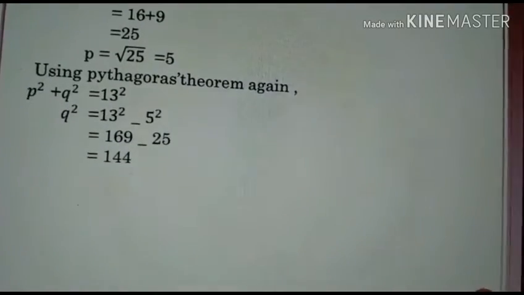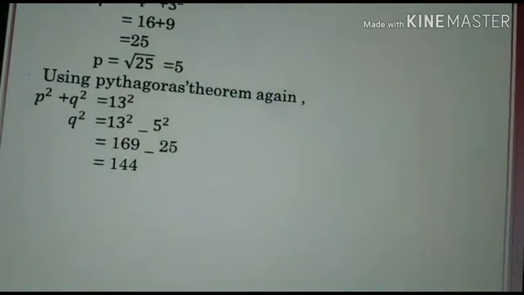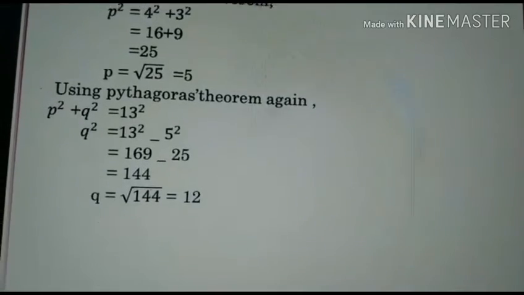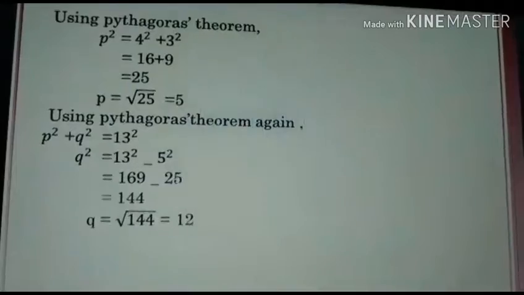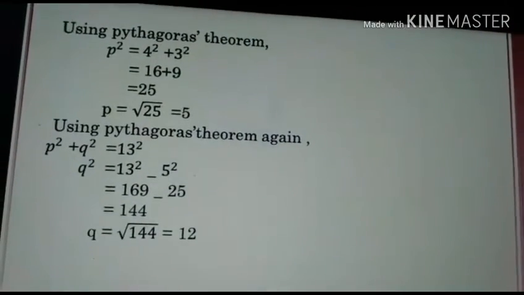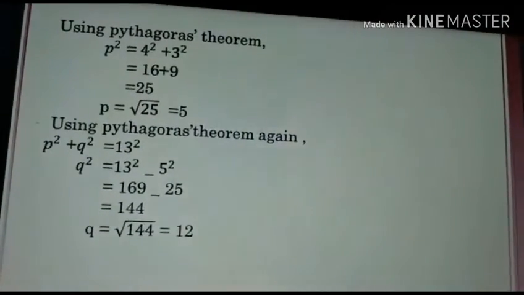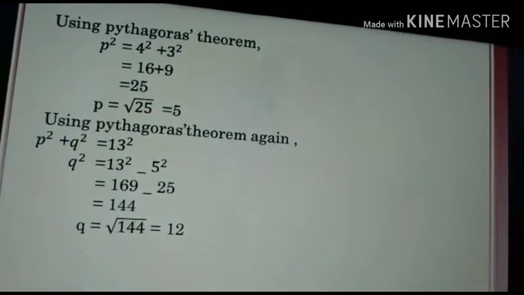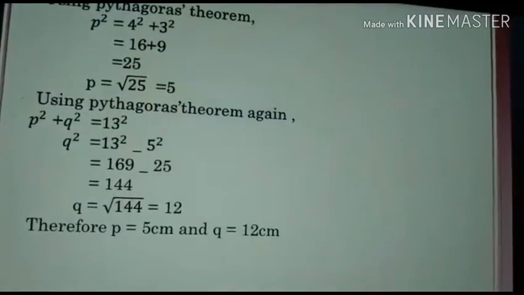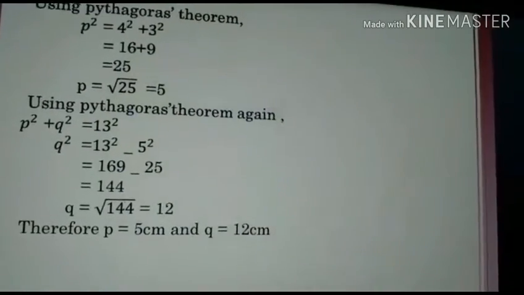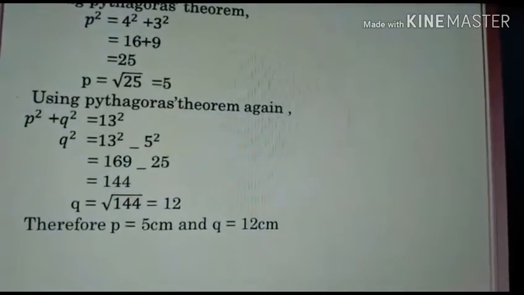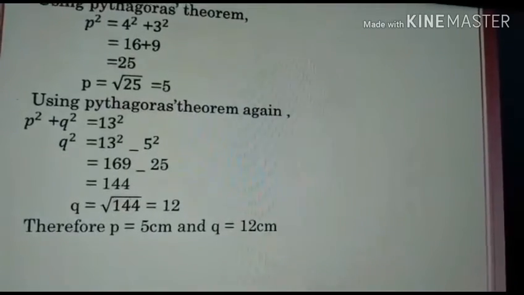That means Q equals square root of 144 equals 12. That means we get the values of P and Q here. Therefore P equals 5 centimeter and Q equals 12 centimeter. Understand? So we'll go to the second question.